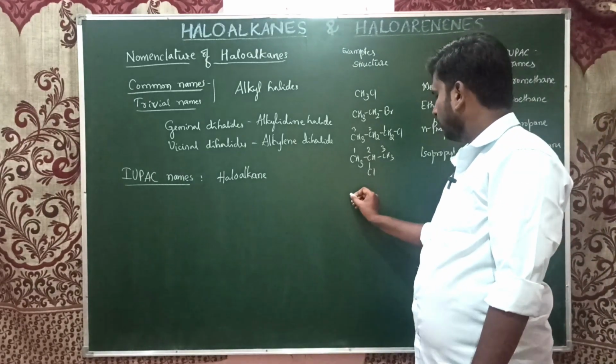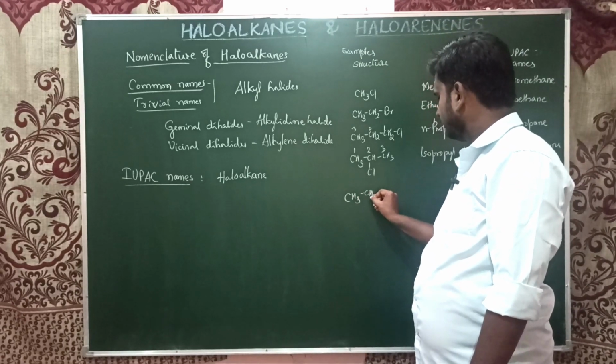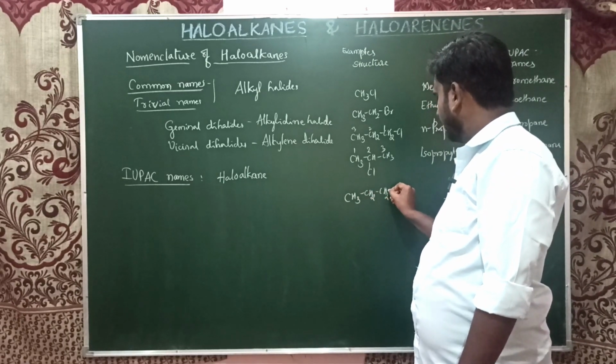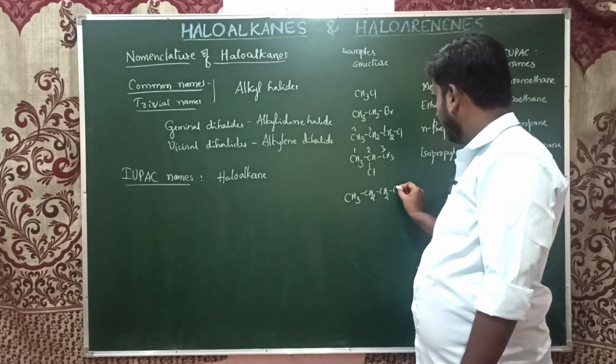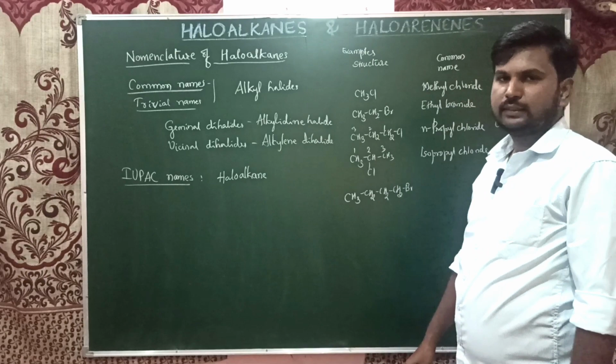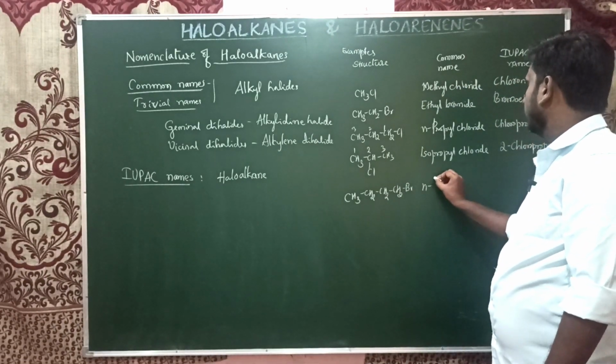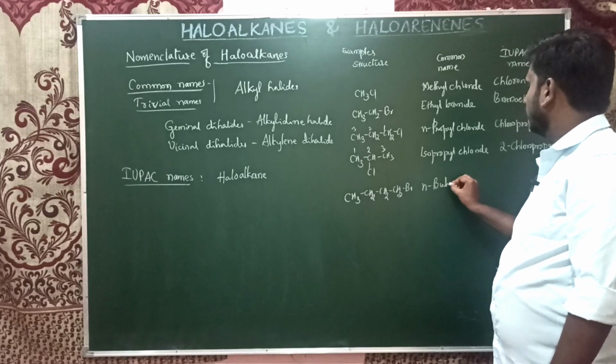When it comes to the four-carbon members, for example butyl derivatives, there is n-butyl bromide.